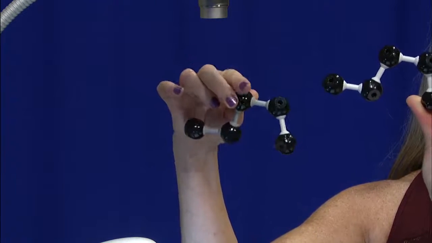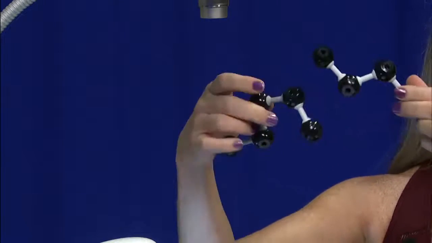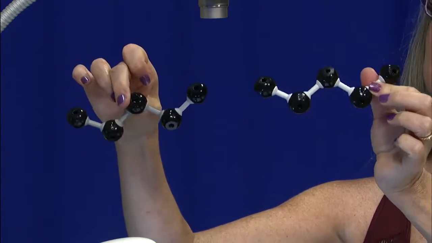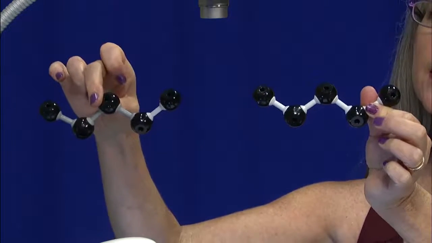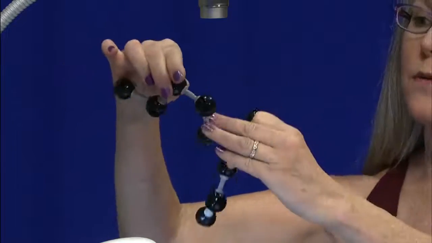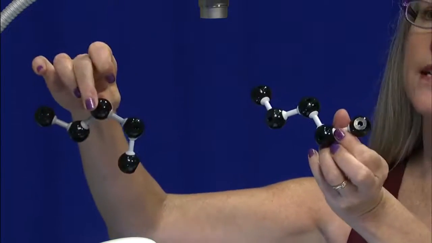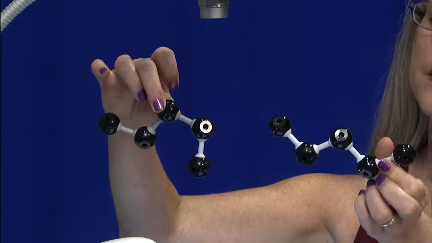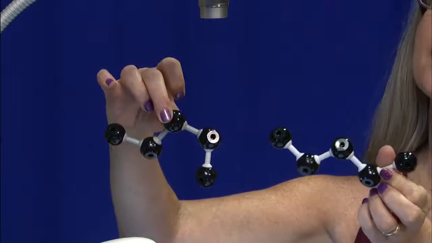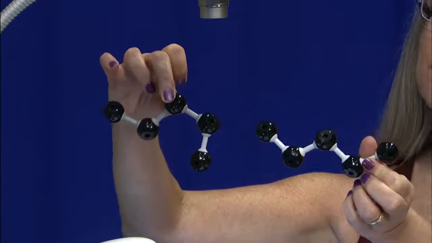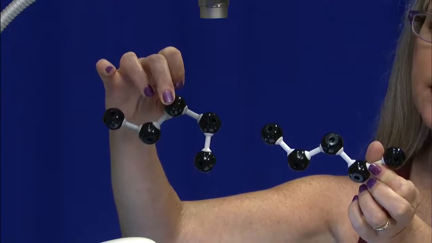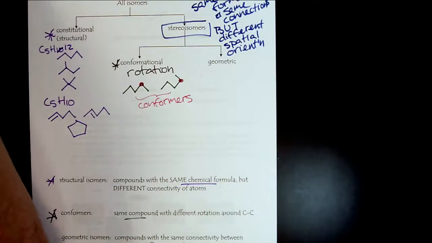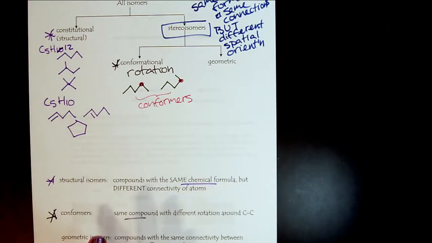We just rotated, and we could go this way. And now they're back to being the sawtooth. So right now, they would be considered identical. If we rotate one of these, now they're considered conformers. They are the same compound, but when they have different rotations, the best term to describe them is conformer. Here I've just focused the models on the carbons only to make it not so busy. So when we have the same compound in different rotations, the most correct term would be conformers.